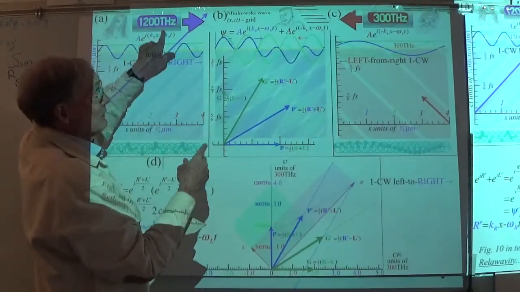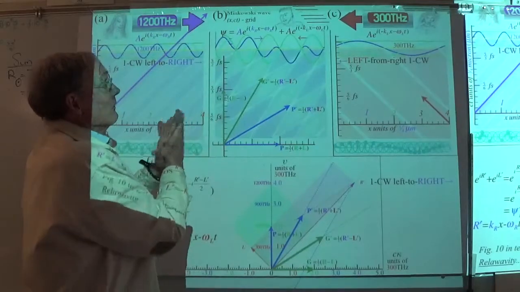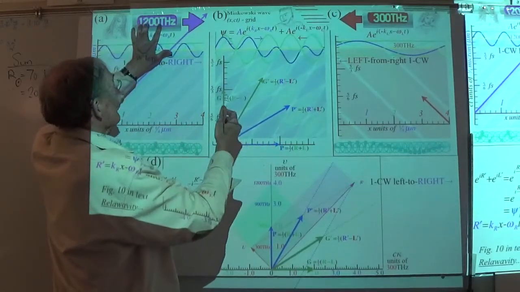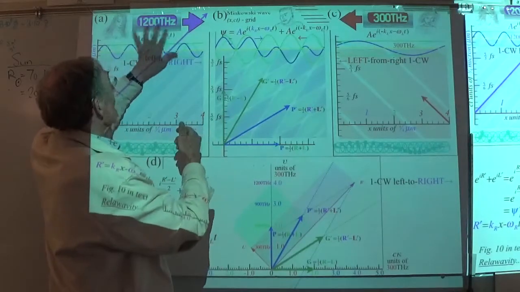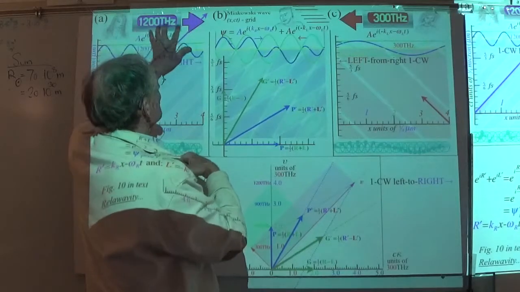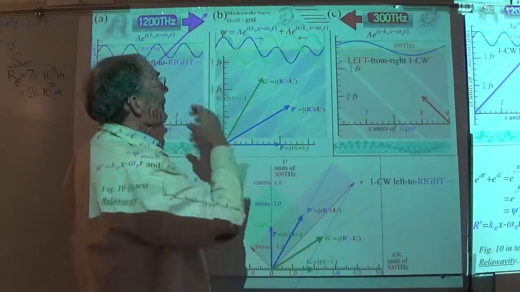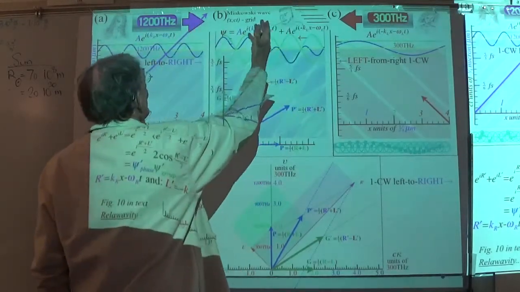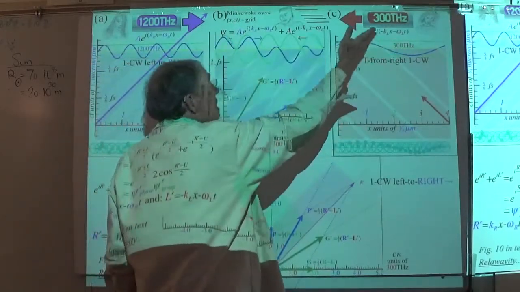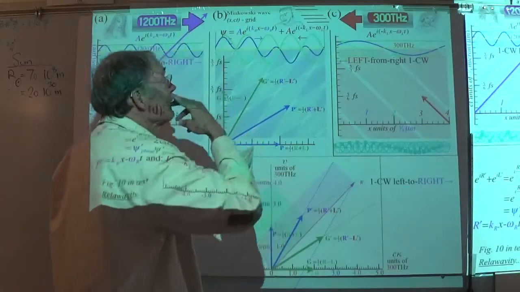I'm being a little artistically prerogative here. This should just say 600 terahertz, because that's what she has as a reading. But I would have to put something there. He's moving, and he's seeing that this is 1200 terahertz, and this is the same with her, 300 terahertz.